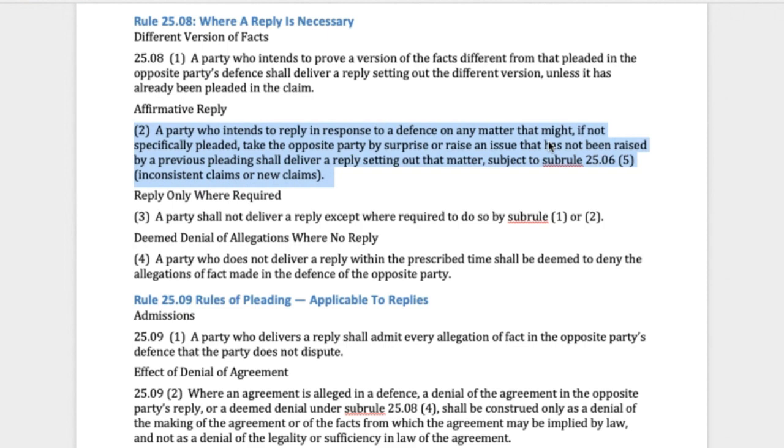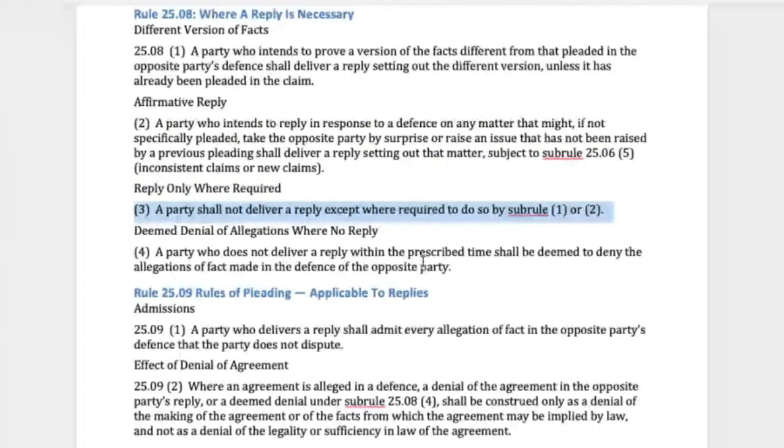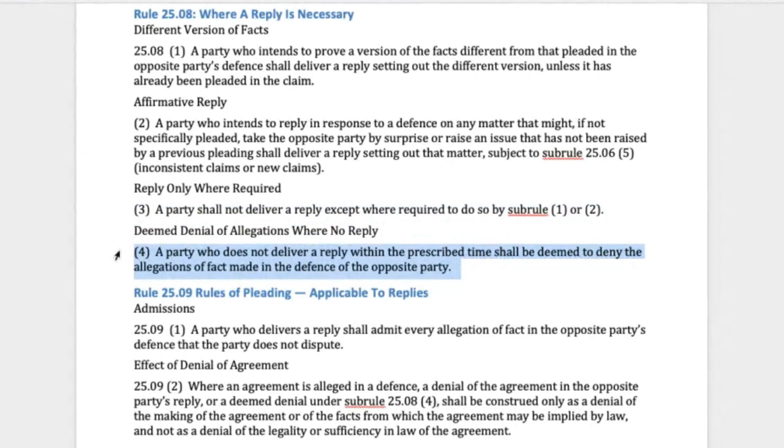So those are the two specific circumstances in which a reply is allowed. And importantly, if you can't fit yourself into one of those two categories, you may not issue a reply. So you don't issue a reply if you simply deny everything that the defendant has said.